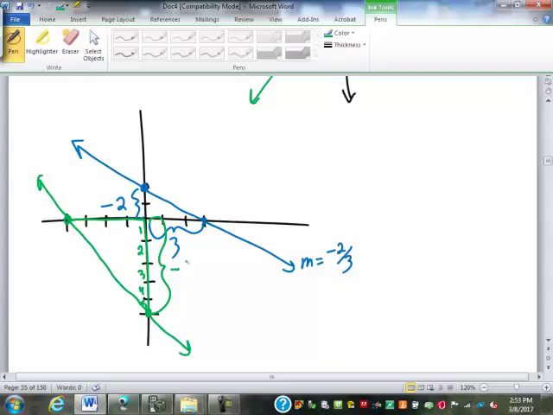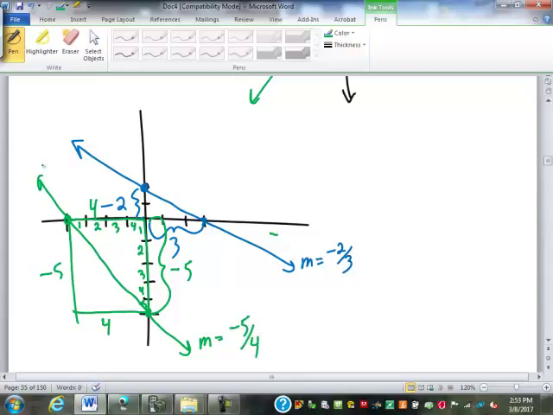Five. It's actually going down 5. That's a negative 5, right? And a run of 4. Technically, I probably should have drew it like this. So this is down 5 and this is over 4. So that is a slope of a negative 5/4.